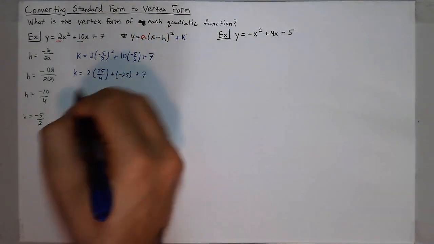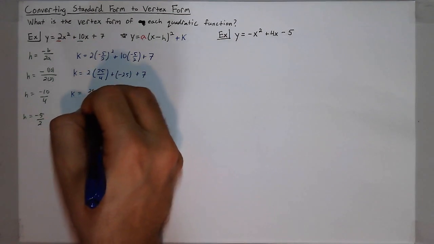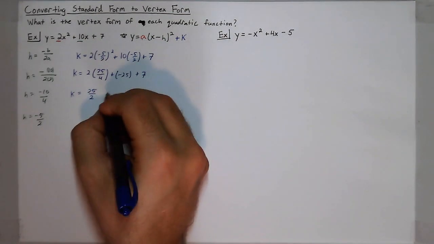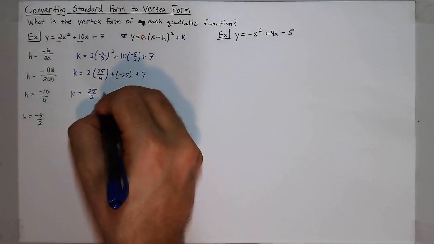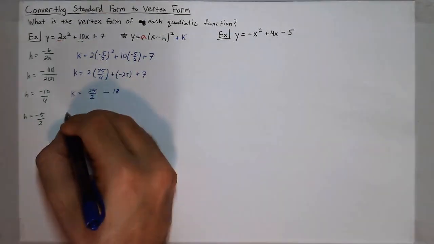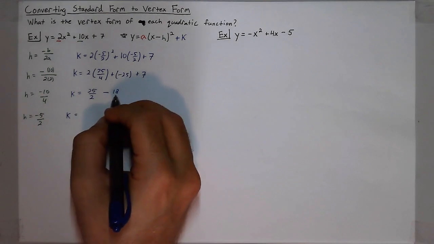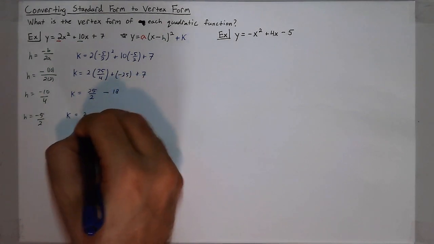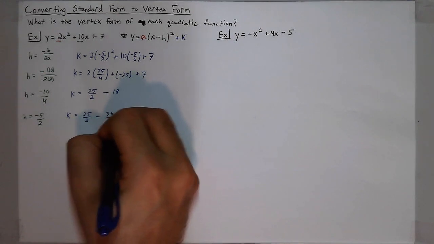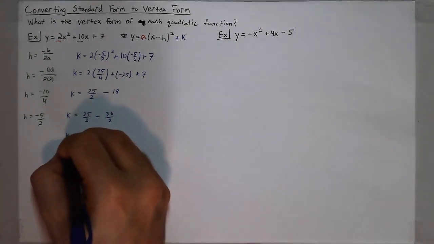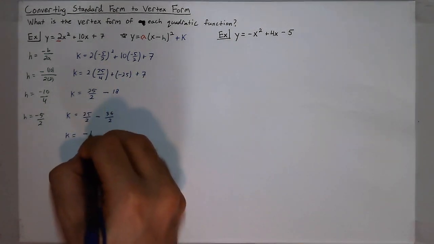Here, 2 divided by 4 is 2, so we get 25 halves. Negative 25 plus 7 is negative 18, so minus 18. We'll find our common denominator, which will be 2. So we'll have 25 halves minus 36 halves, giving us negative 11 halves.